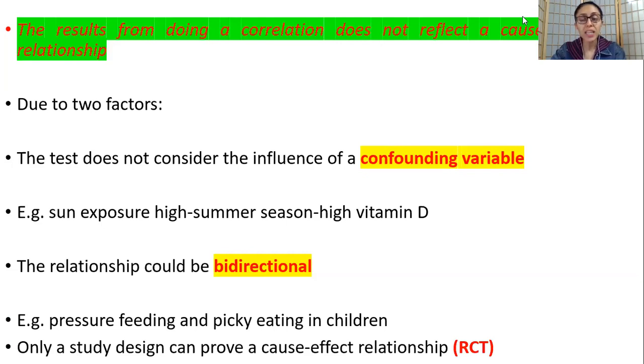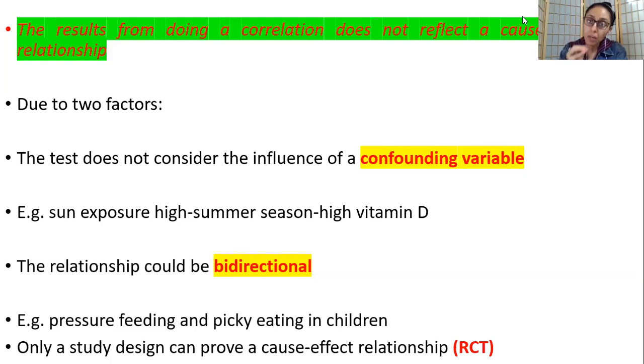Only by simply doing Pearson's correlation you cannot say, oh yes, low sun exposure causes low vitamin D level. No, as I said, cause and effect relationship can only be proven when you have a rigorous study design. And I think by now I have spoken enough to drill it in your heads that it is the randomized controlled trial design which can establish a cause and effect relationship.